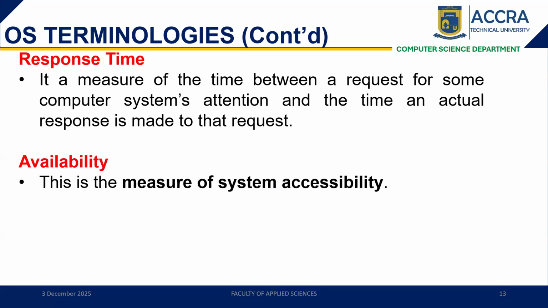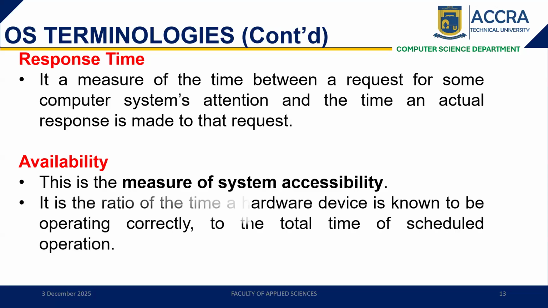We have availability. This is the measure of system accessibility. To what extent is that particular system accessible? To what extent can we get that? It is the ratio of the time a hardware device is known to be operating correctly to the total time of the scheduled operation.